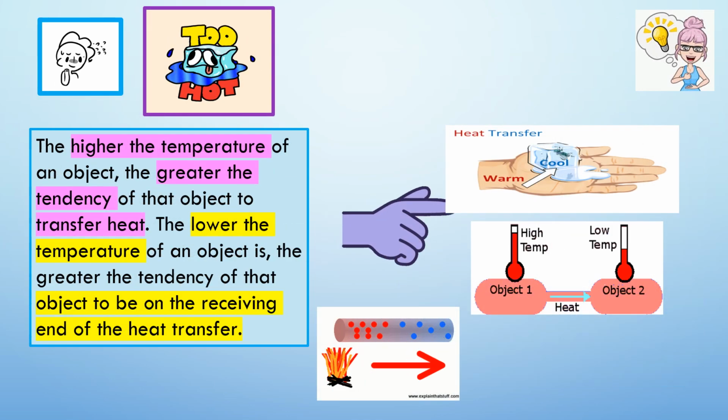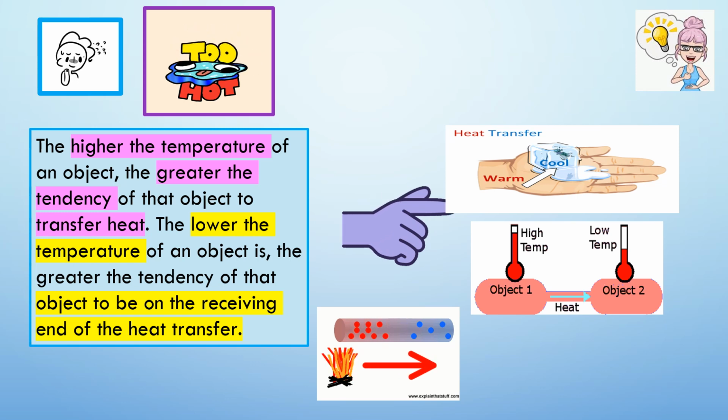Okay, so the higher the temperature of an object, the greater the tendency of the object to transfer heat. Okay, for the heat to transfer, kailangan niya ng high temperature. Okay, so the lower the temperature of an object, the greater the tendency of that object to be on the receiving end of the heat transfer. Of course, kung sino yung mas mababa, siya yung mag-receive.